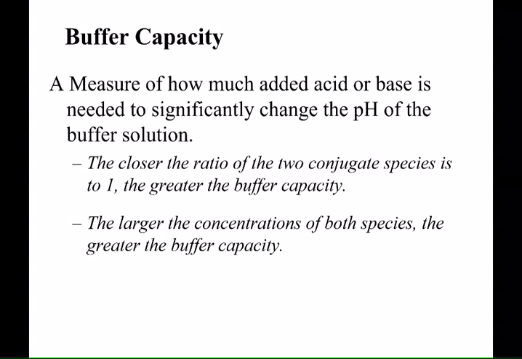The larger the concentrations, the greater the buffer capacity. So those two things work together to make it the best buffer solution it can be: the ratio of the conjugate acid-base pair is nearly 1, and we have reasonably high molar concentrations of both.